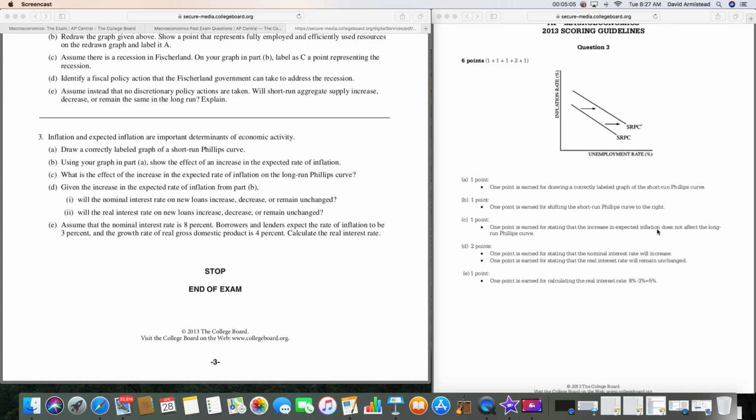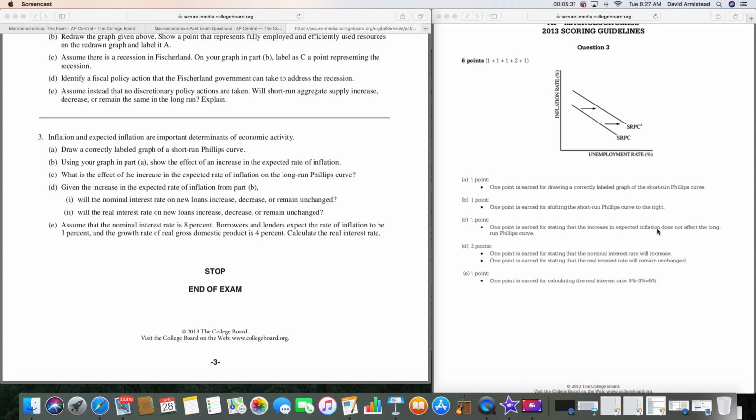So if the real interest rate is 2% and inflation was 3%, but they now expect it to be 5%, how do we get that nominal interest rate? The real interest rate plus the expected rate of inflation gives you the nominal interest rate. So if the real interest rate is 2% and inflation was 3%, the nominal rate was 5%.